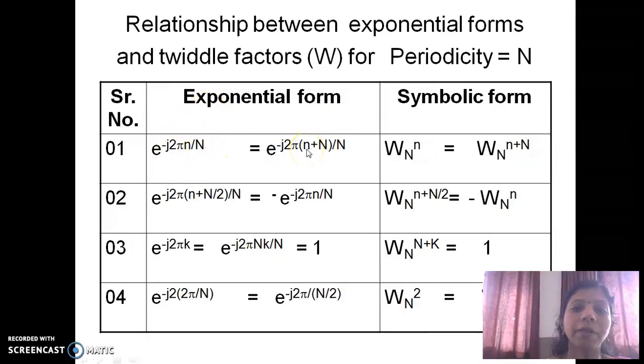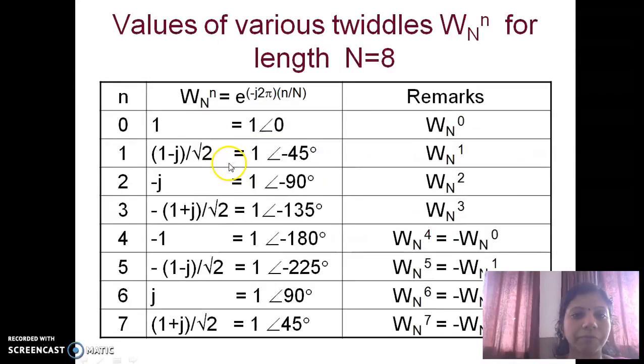So this periodicity is shown as n plus N instead of n. So all twiddle factors and exponential forms are periodic in nature.